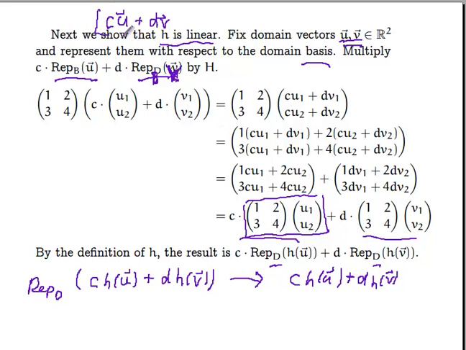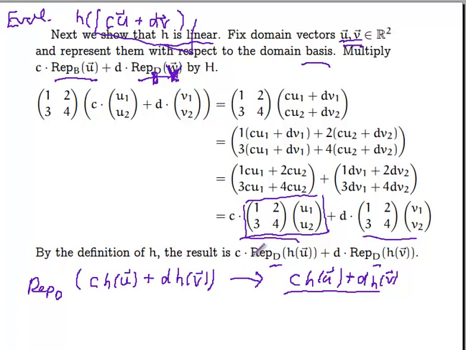So we started out with Cu plus dV. We take H of that by going through the commutative diagram. So I'm going to evaluate H of Cu plus dV. And I go through these steps. I end up with this result, which is the usual linearity result.